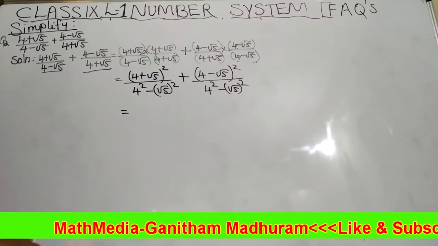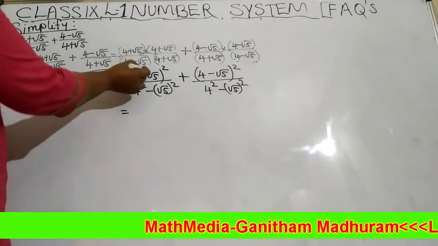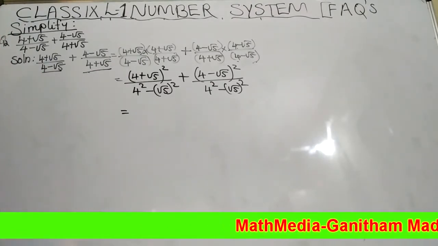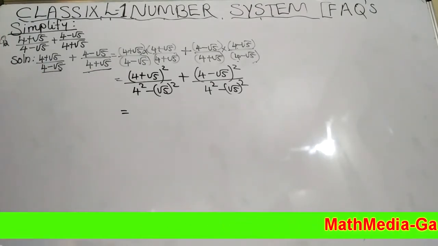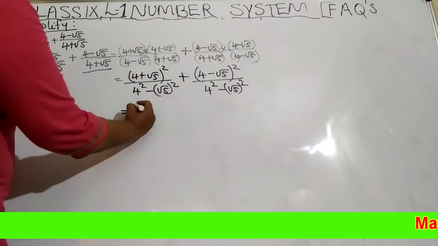Before adding, we can expand the numerator of the first term. It is in the form of the identity a plus b whole square.